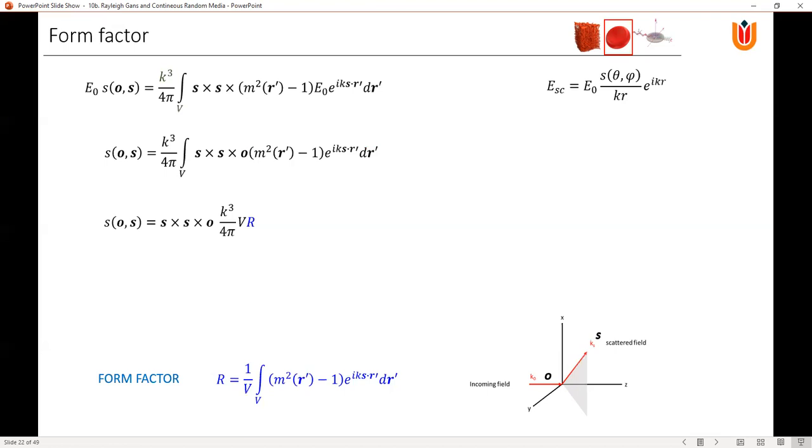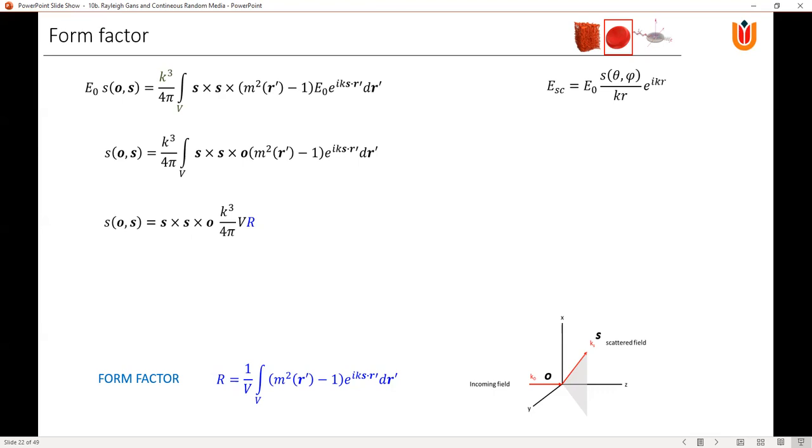If we can also perform the manipulations over the angles separate from the integration of the volume, then a further separation is possible. So we can take S, the manipulations of the angle, out of the integral.